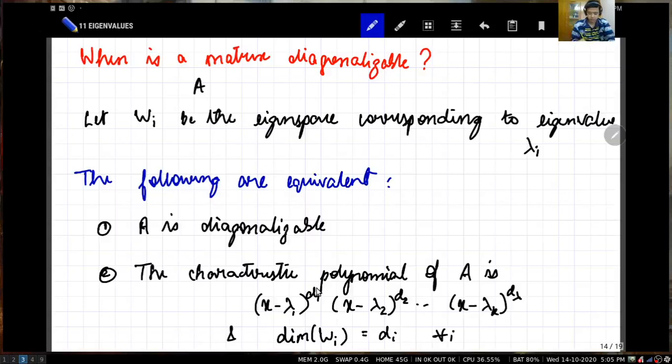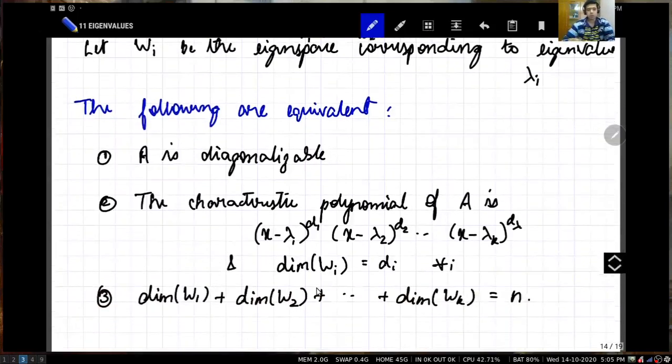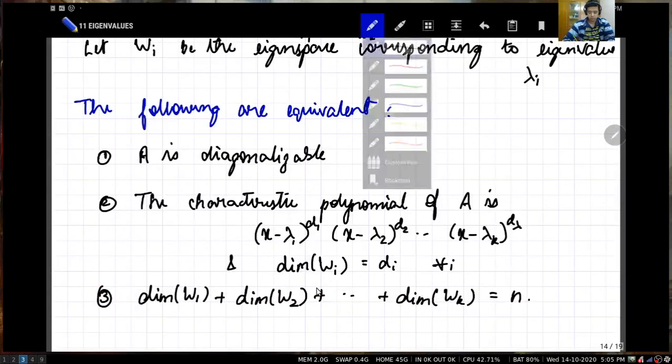Some of these eigenvalues could be repeated, where k is less than or equal to n. And let us suppose that Wi is the eigenspace corresponding to the eigenvalue lambda i. So corresponding to each of these eigenvalues, we have eigenspaces W1, W2 up to Wk. Then it turns out that the following statements are equivalent.